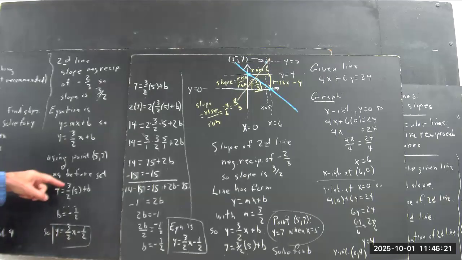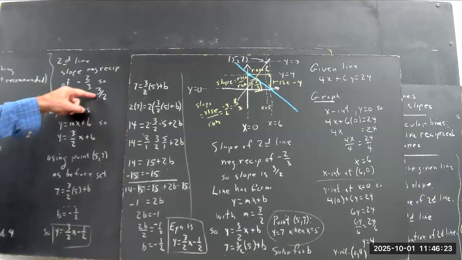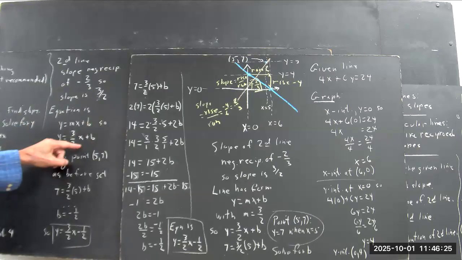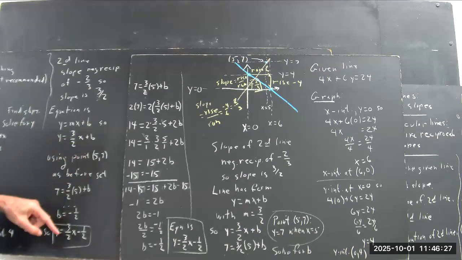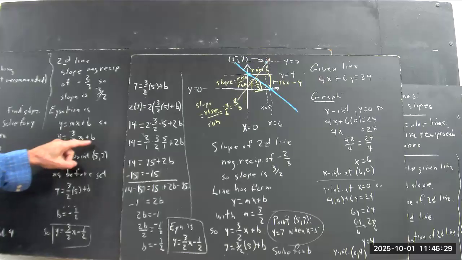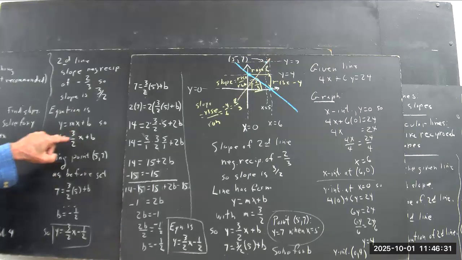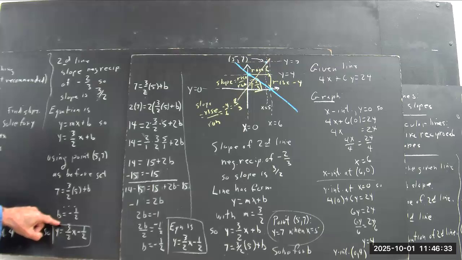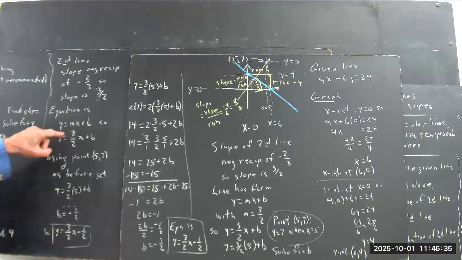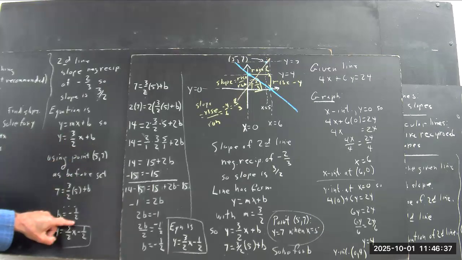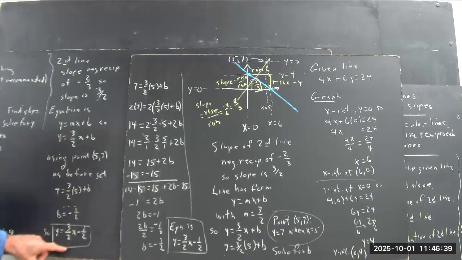And then you can have it go through a given point. Once you know the slope of the line, you can write it in this form. And once you have it in this form and know a point, you plug the coordinates of x and y in here and solve for b. And then you rewrite this equation with the resulting value of b. Here it is. Okay.